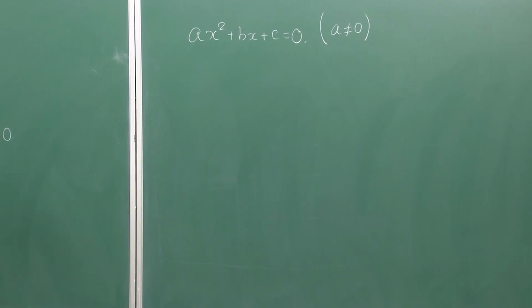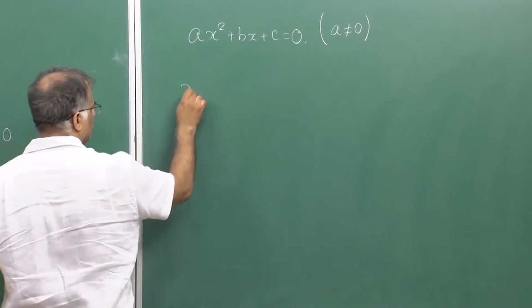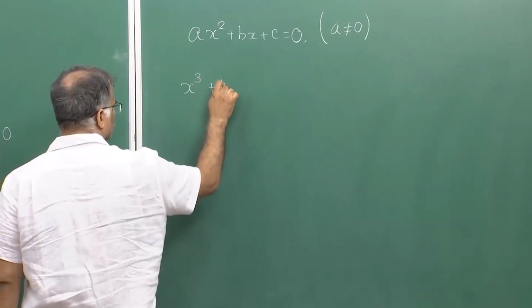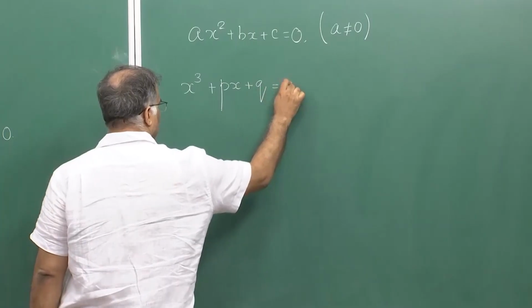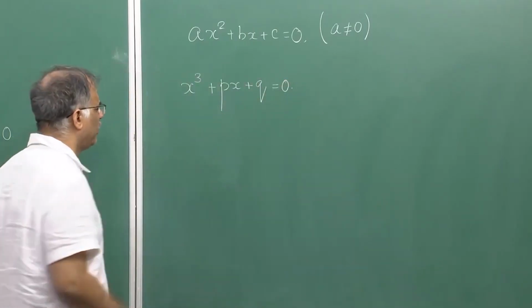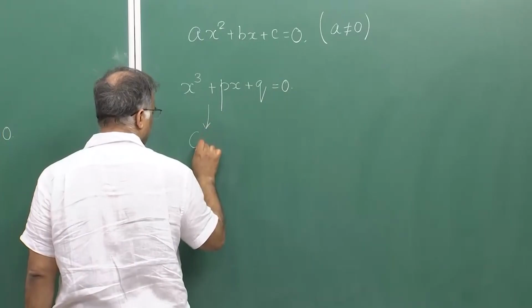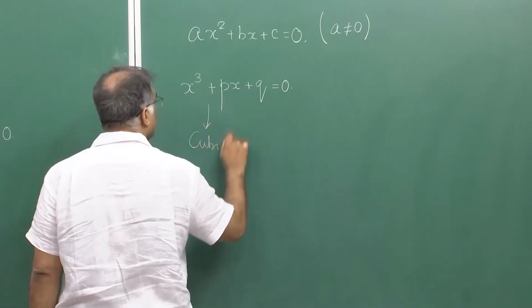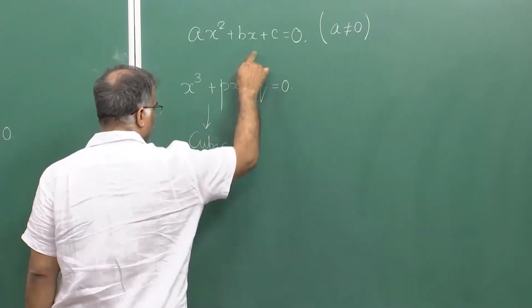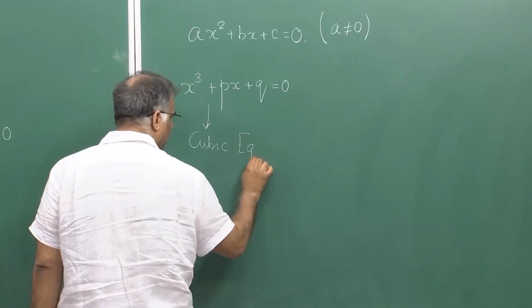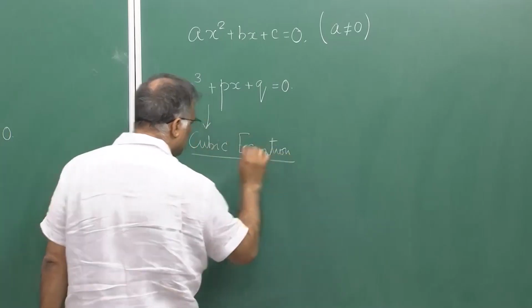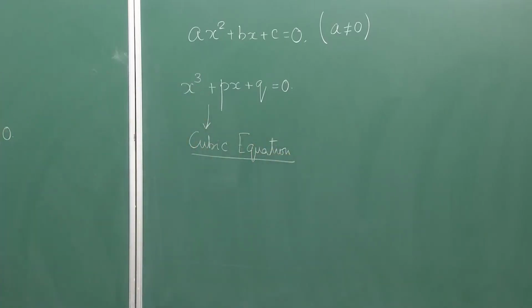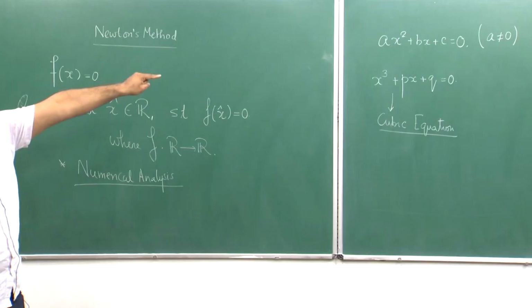There are other equations called cubic equations. This is called a cubic equation in the standard form, but it is not so easy to solve like the quadratic equation. And the idea of complex numbers, which you already have some information about from high school, the numbers of the form a plus ib, also arose while trying to solve this equation.